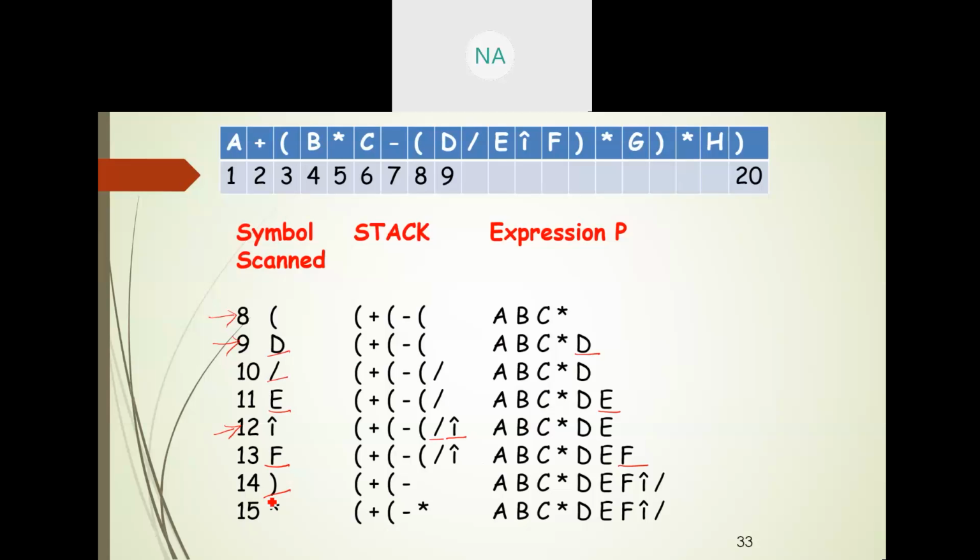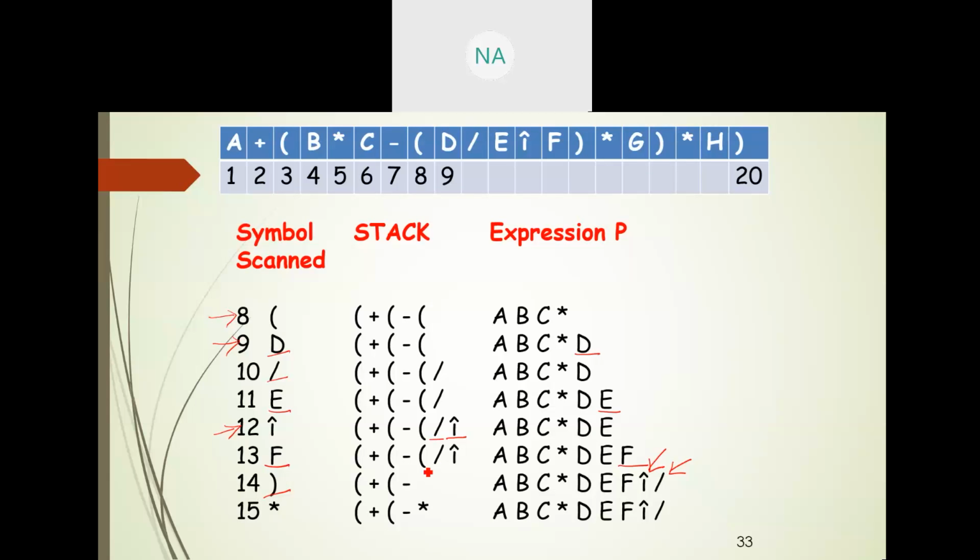At the top we have exponent operator, so that exponent operator will be popped out of the stack and added to expression P. Next element is also an operator, division. So division operator will also be popped out of the stack and added to expression P. Then we found a left parenthesis, so we stop this step, and then we also remove the left parenthesis.